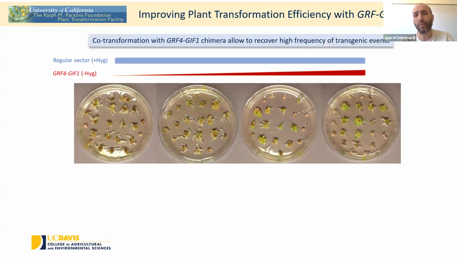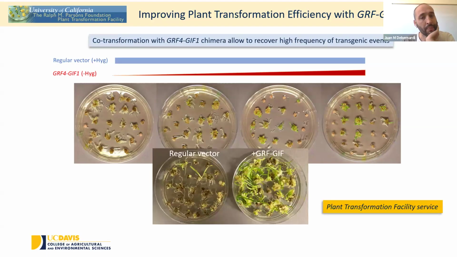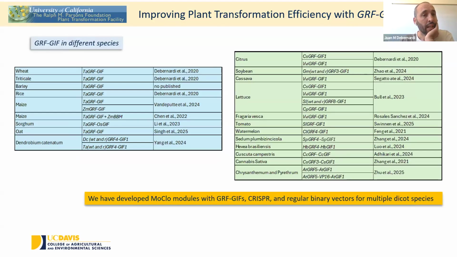This is similar to the altruistic approach that you will see later, and also works with Baby Boom and Wuschel. In co-transformation, basically we co-transform two Agrobacterium strains, and you can get high efficiency with regular vectors. It's important to play a little bit with the ratio of the two Agrobacterium strains, but that works very well for us in wheat. So in terms of other species, I don't know how I'm doing with the time.